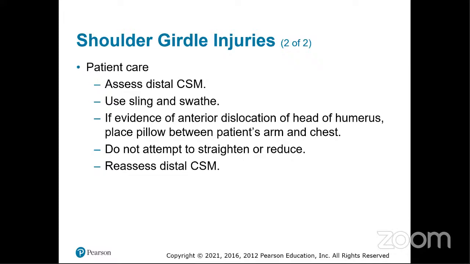So you want to make a triangle underneath them so that holds that humerus in place. You guys will see that a lot of times with shoulder surgery, so it doesn't pop that shoulder out. When they splint it, they've got a big triangle that goes underneath it to hold that in place. So we're going to do the same thing. Do not attempt to straighten or reduce it. There's no way really to reduce your shoulder. And then reassess distal location after we've done the sling and swathe.